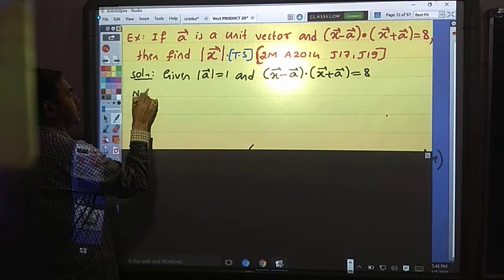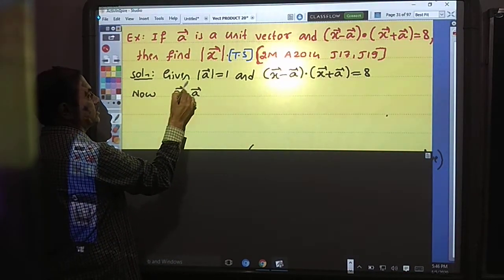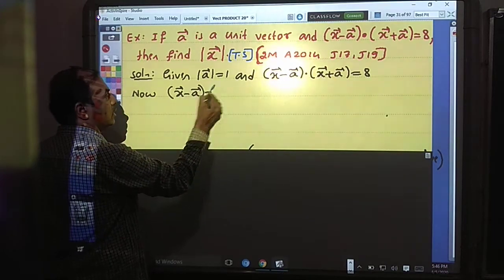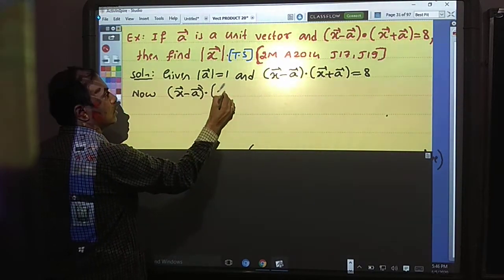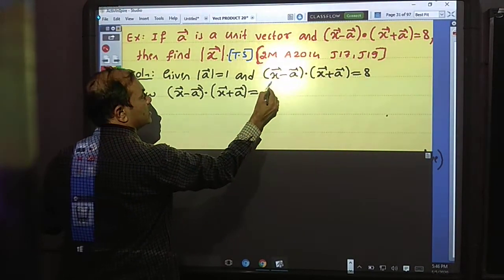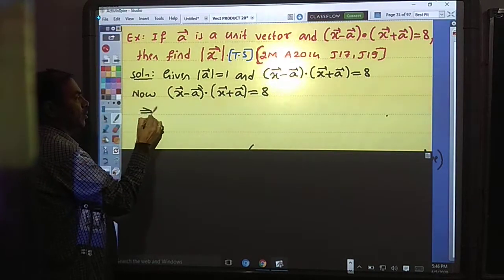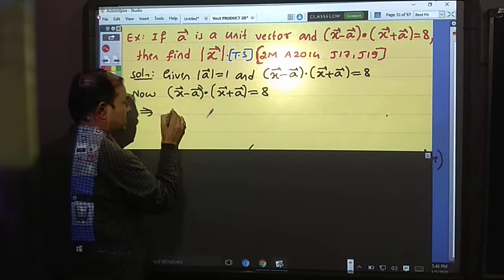Now, I use this. x minus a is a vector, x minus a dot x plus a is equal to 8.